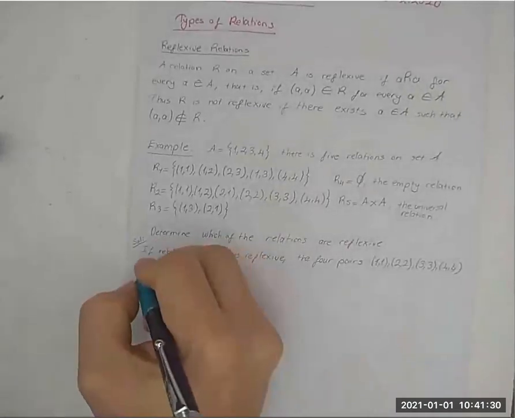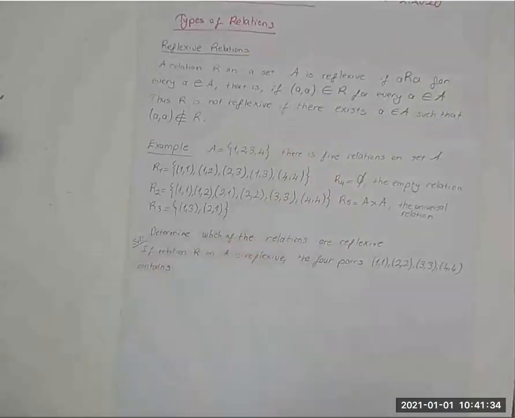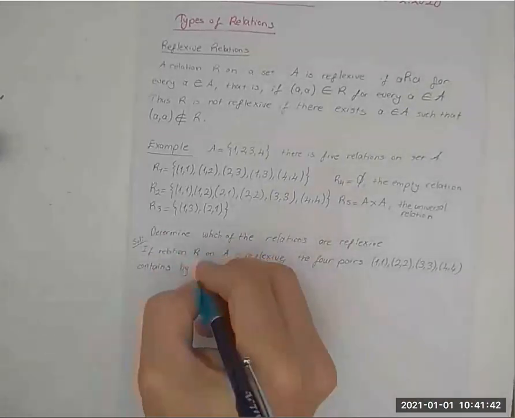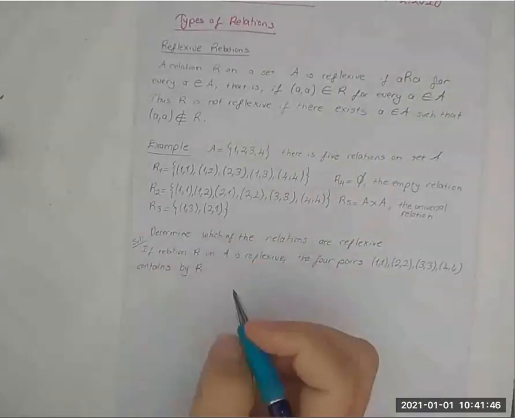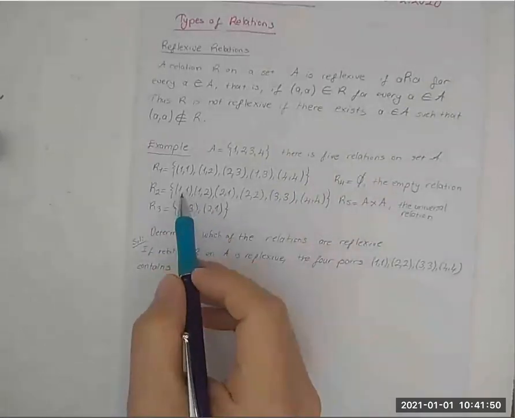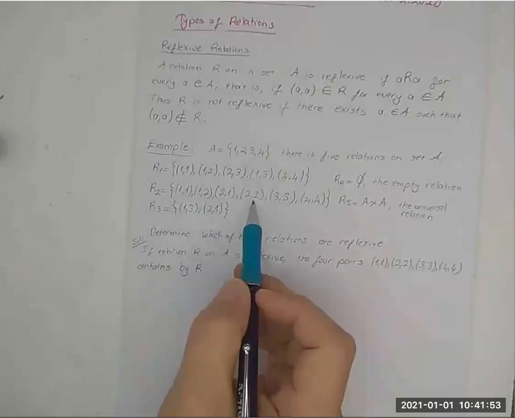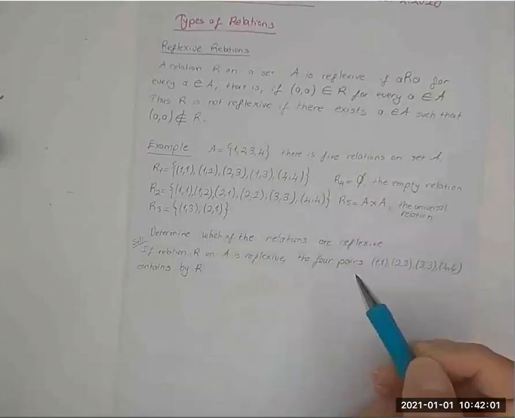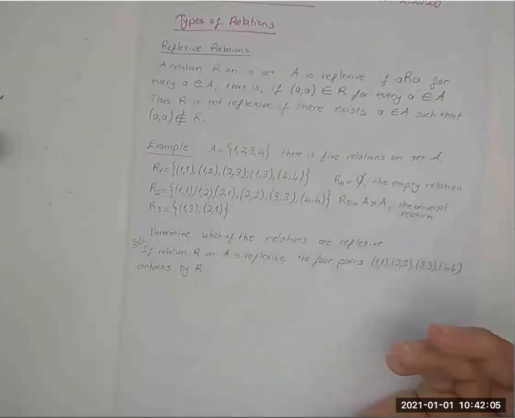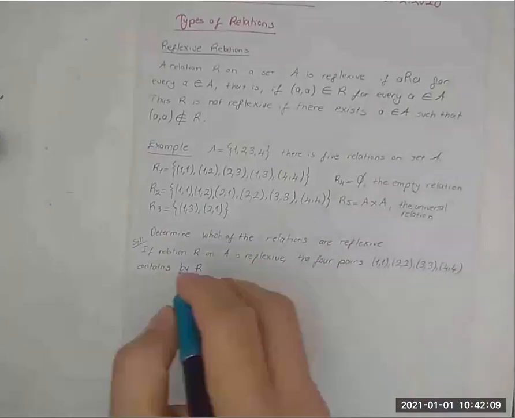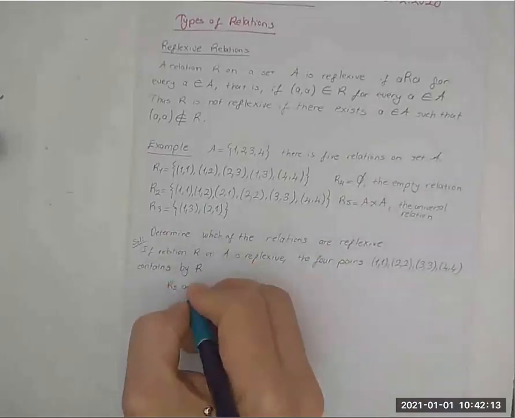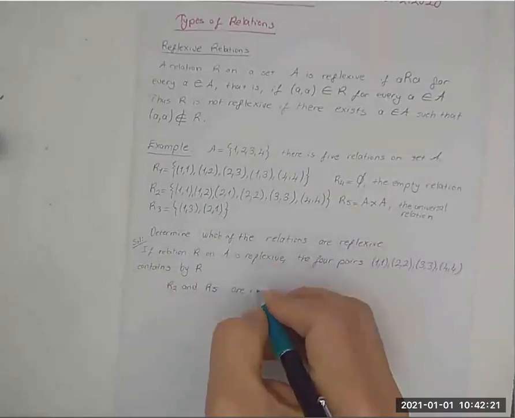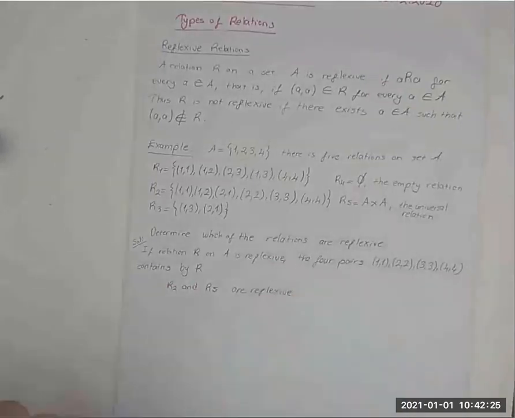Reflexive means the four pairs (1,1), (2,2), (3,3), and (4,4) are contained in R. So according to that, R1 is not reflexive, right?